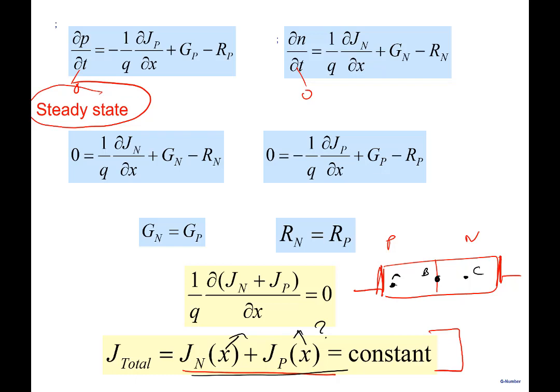If the current is the same everywhere, I can compute it at XA, at XB, at XC, anywhere, and the current would come out to be the same. So now the issue becomes choosing an x at which the computation is easy, as a person doing an analysis.